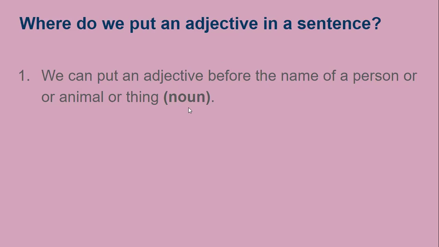Basically, we can put an adjective before the noun. The noun, as you can see here, is the name of a person, can be a name of an animal, can be the name of a thing. So we can put an adjective before that noun.